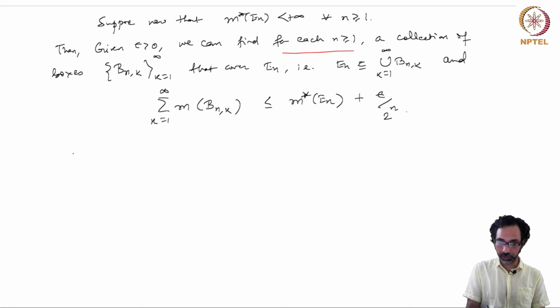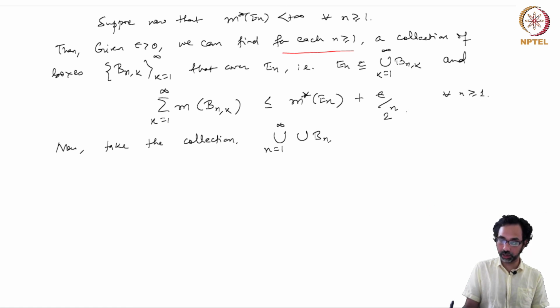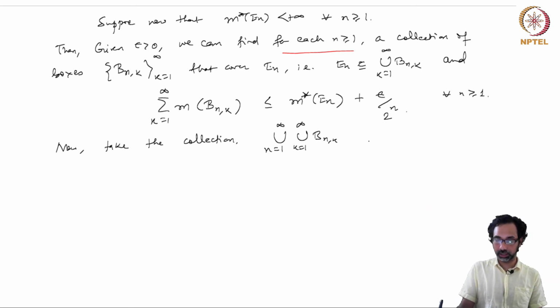So, now we have chosen for each n greater than or equal to 1 this collection b n k, such that this inequality is satisfied for each n. Now, take the collection union n equal to 1 to infinity, union b n k, k equal to 1 to infinity.